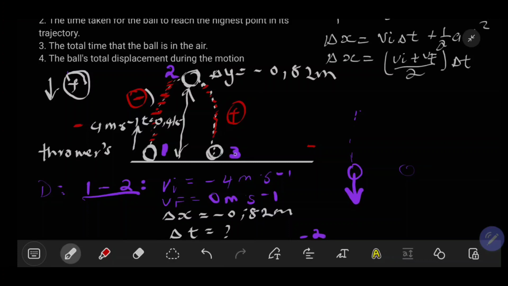So in physics, the time taken for the ball to reach the maximum height is equal to the time it will take to return to the thrower's hand. It means that if it takes 0.41 second to go to the apex, it will also take another 0.41 seconds to return to the thrower's hand.